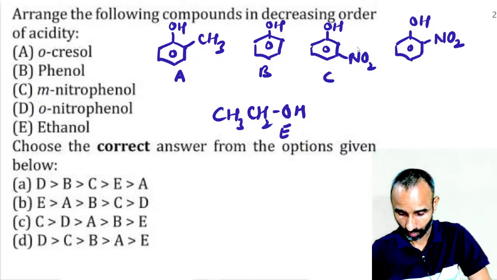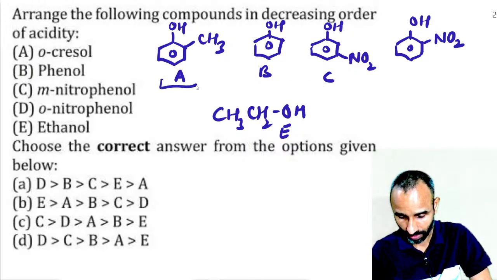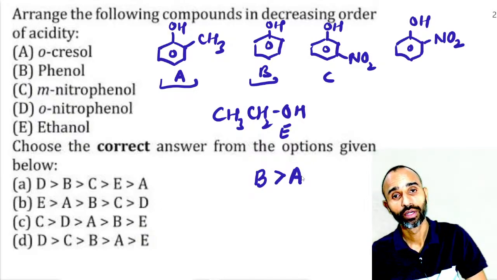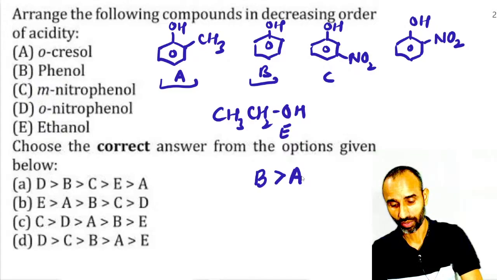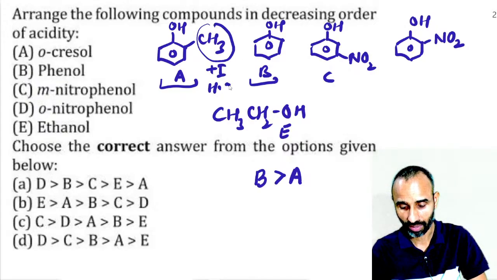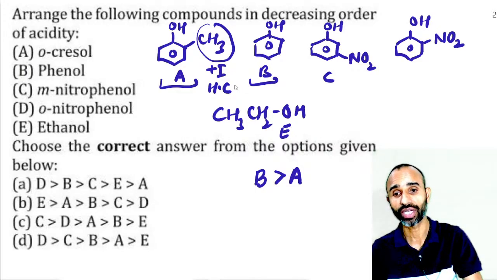So first, if we compare A with B, obviously B is more acidic than A, because methyl group has electron releasing effect, plus I and hyperconjugation decreases the acidic strength.